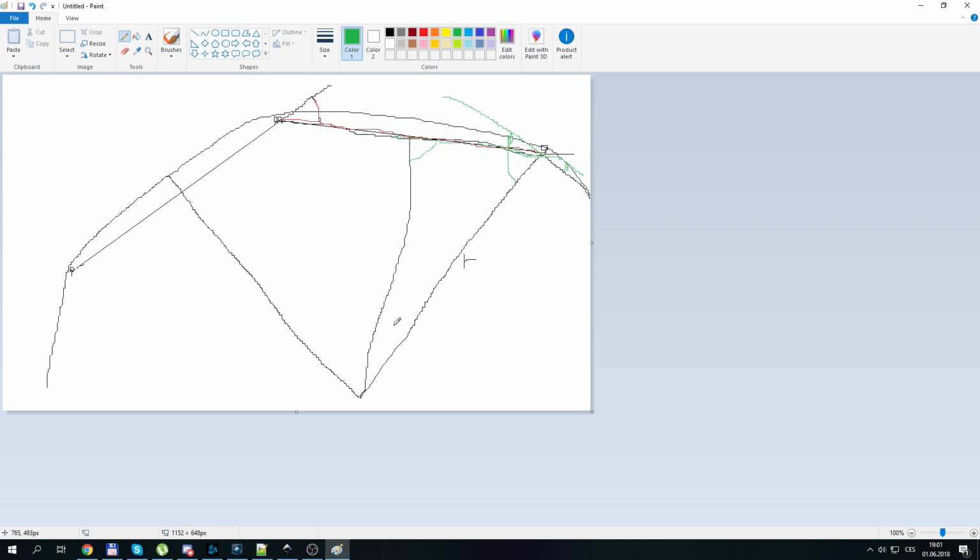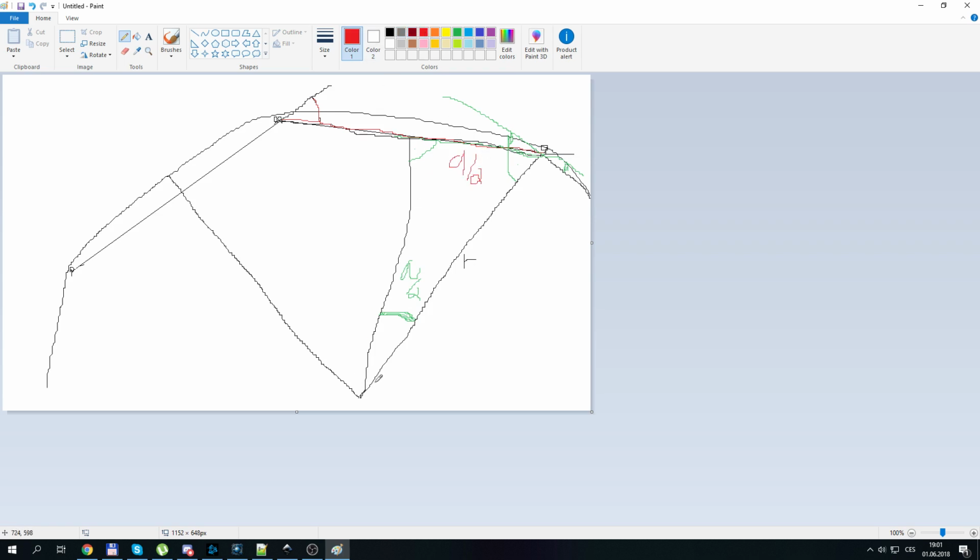This angle here will be the same as the angle here. So if you draw it yourself, and it will not be a complete mess like here, you will see that half of the angle, which is this green angle here, is the same as the angle here. So this is the angle divided by 2, and this is the distance divided by 2.